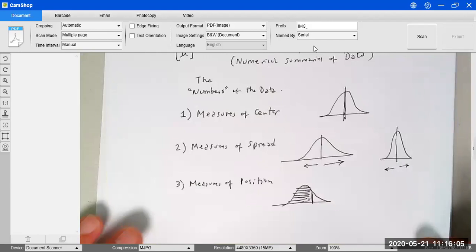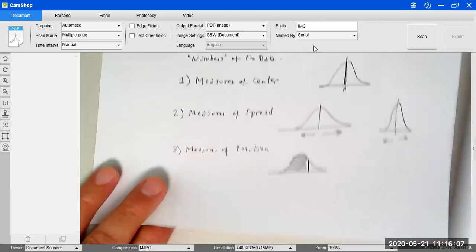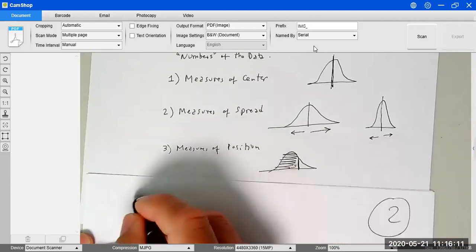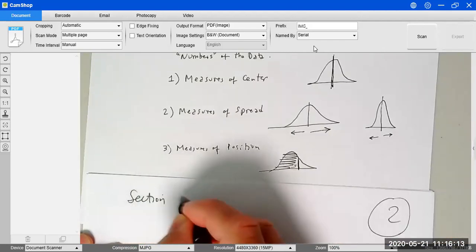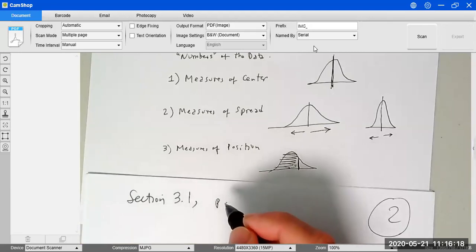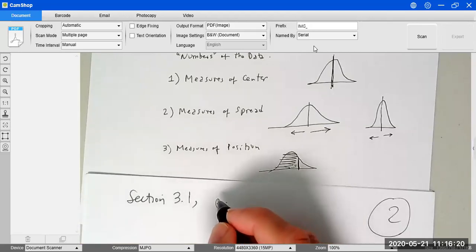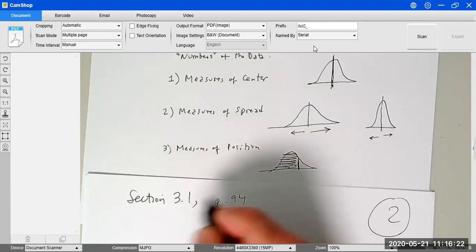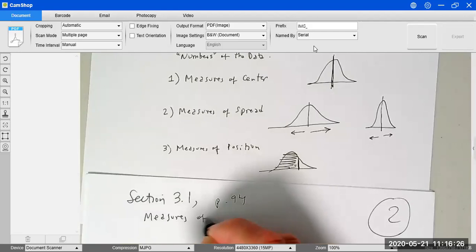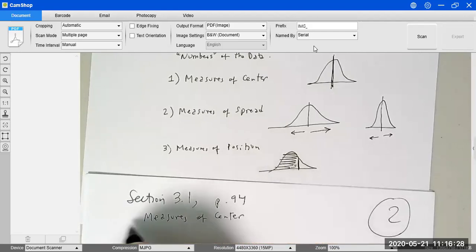Measures of center are covered in section 3.1, so we're going to start today with section 3.1. This section is on page 94 and is measures of center.